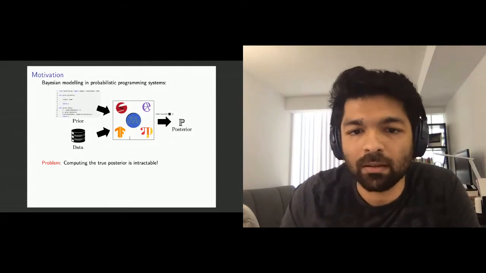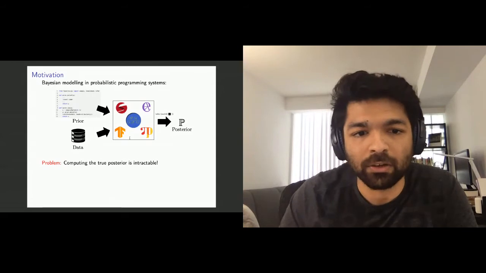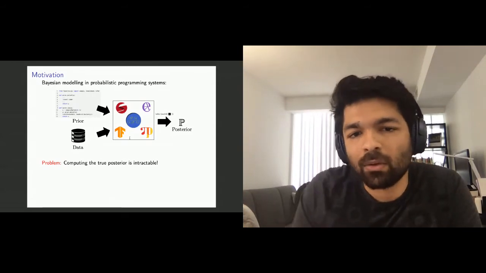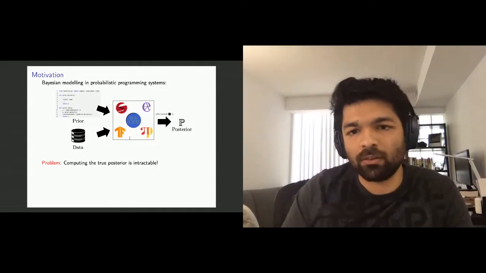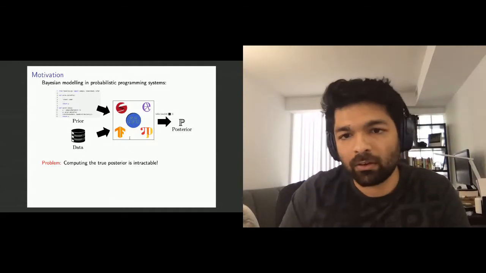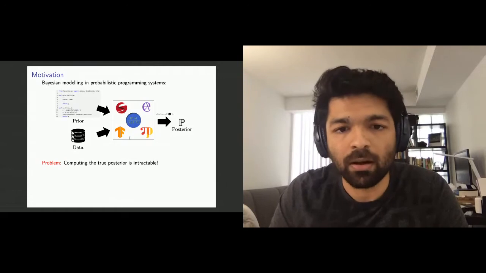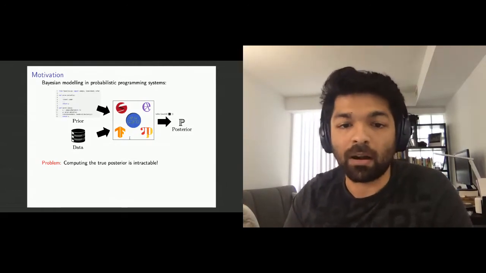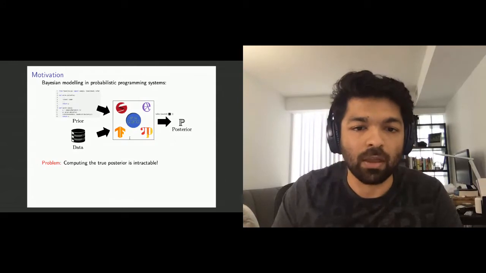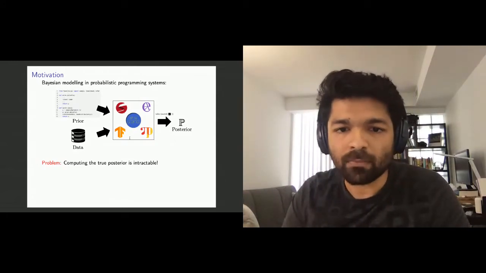So we have a p tilde now instead of the true posterior. That's how they get away with not trying to compute the true posterior. They can use algorithms like variational inference or a more systematic approach, which is the Markov chain-based methods, where you have some sort of convergence guarantees.